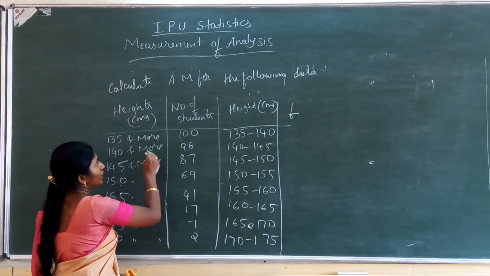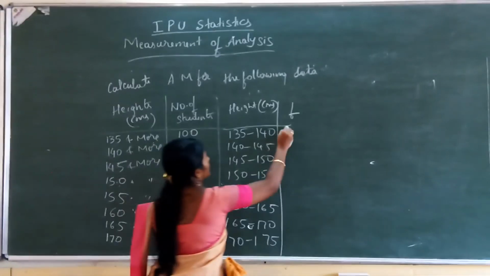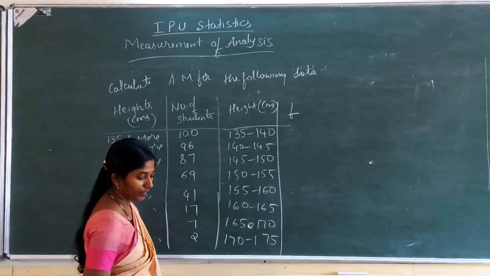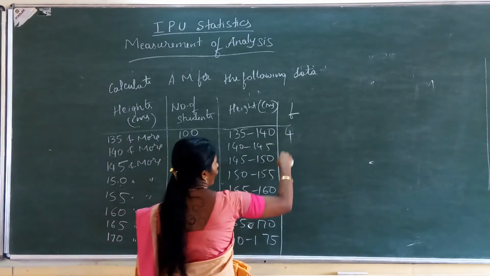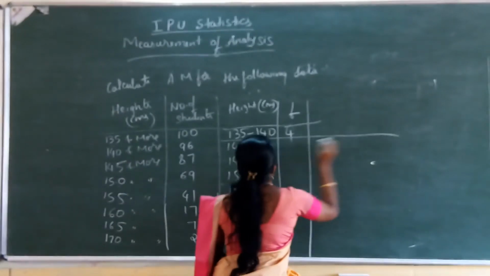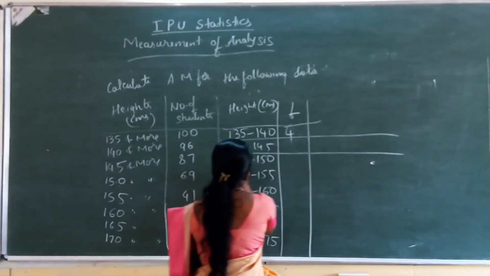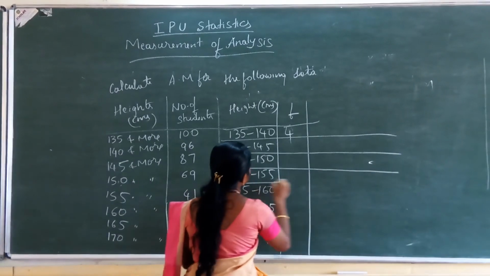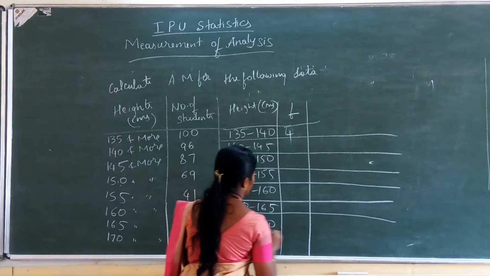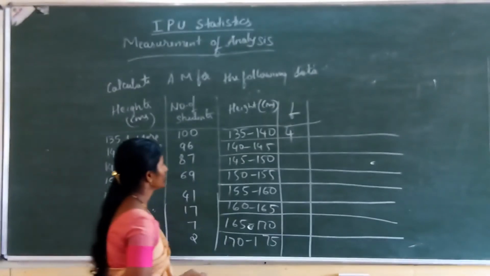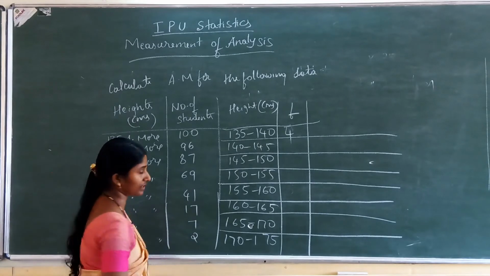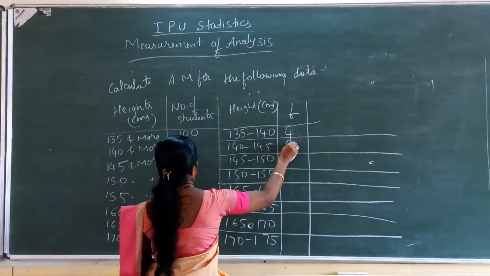Therefore 135 and more means all, that is 100. Then 100 minus 96, you will get the answer 4. Minus that is 4. 87 minus 78, that is 9 you will get.